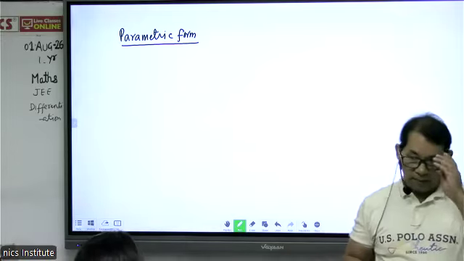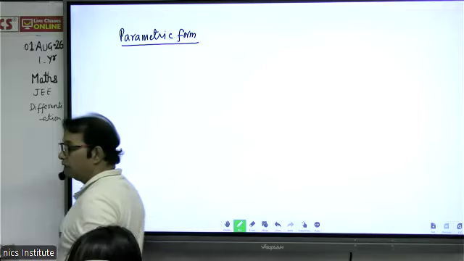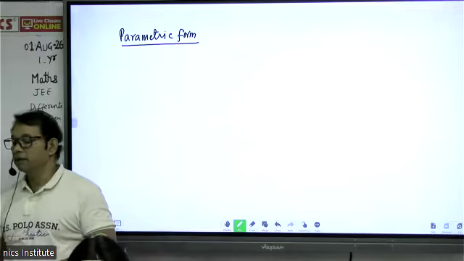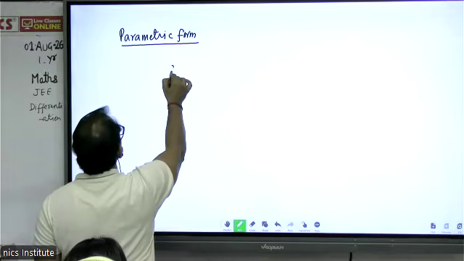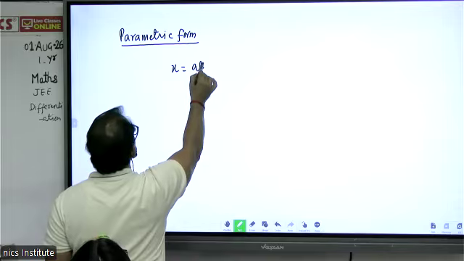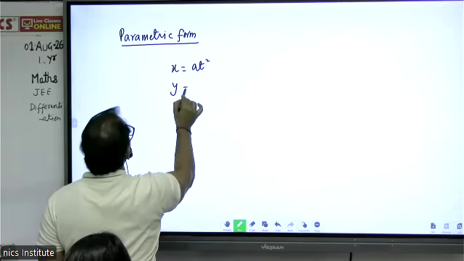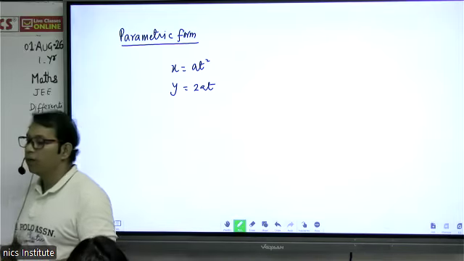X is called independent variable, y is dependent variable. Sometimes even these two variables are in the form of parameters. Like you've been given x is equal to at square and y is equal to 2at. So t over here would be a parameter.